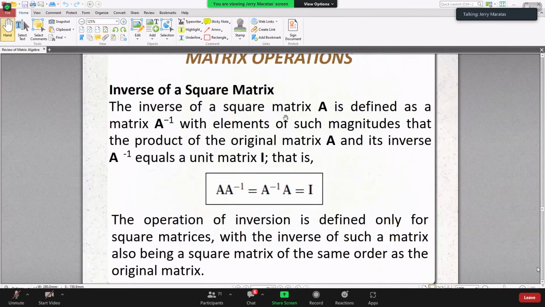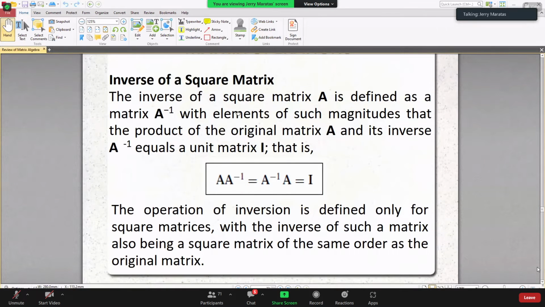Ini again may result, an inverse of a square matrix. So, mo ni ang natay addition and subtraction, we have the multiplication, okay, and we have the inverse of a matrix. So, the inverse of a square matrix, take note, you can only do matrix inversion to a square matrix.